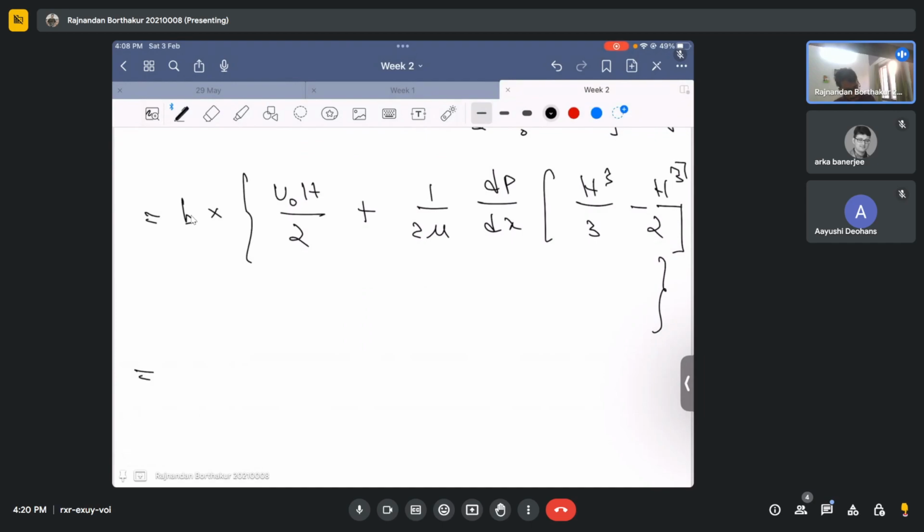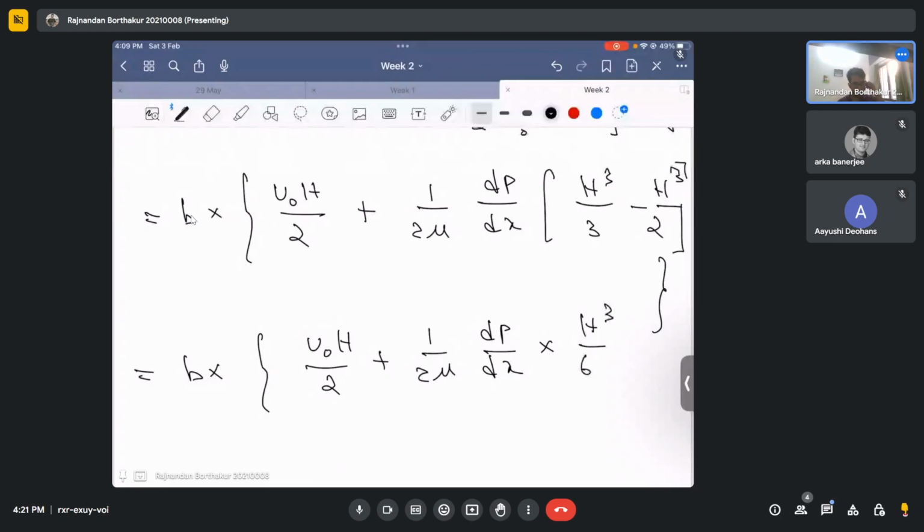So this would be b times, let's do this, u naught h by 2 plus 1 upon 2 mu, times dp dx times this h cubed by 3 minus h cubed by 2, which will give us h cubed by 6.